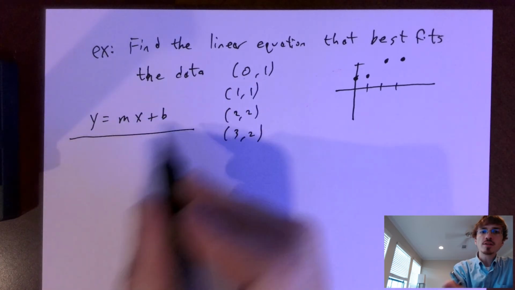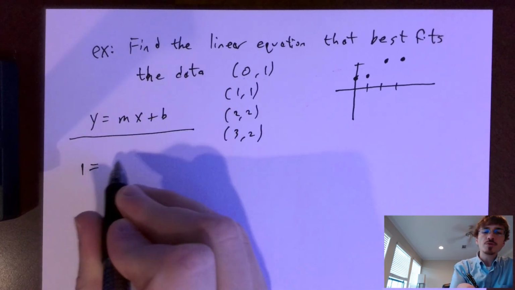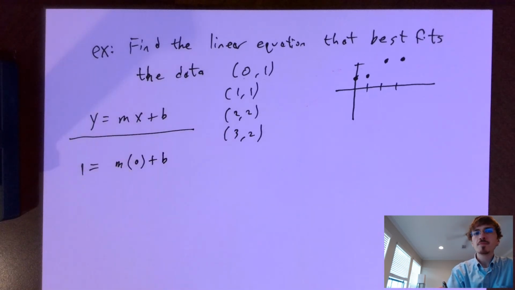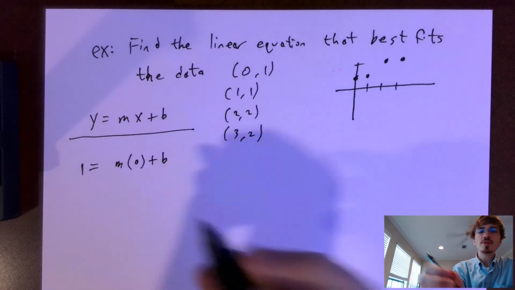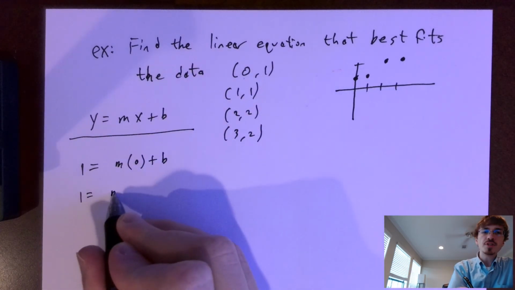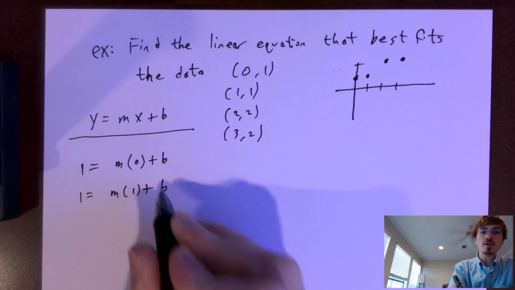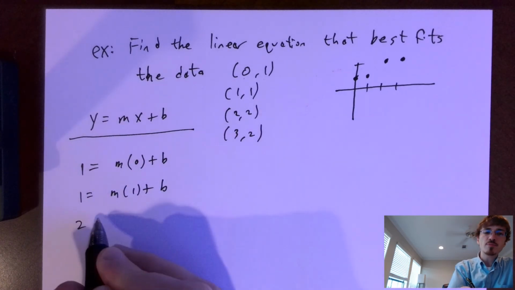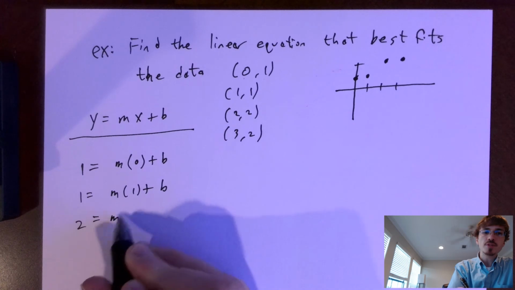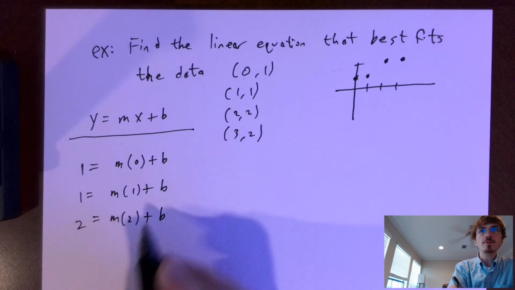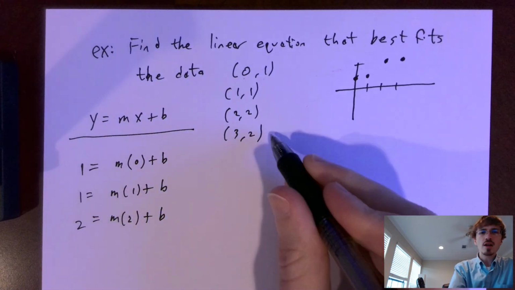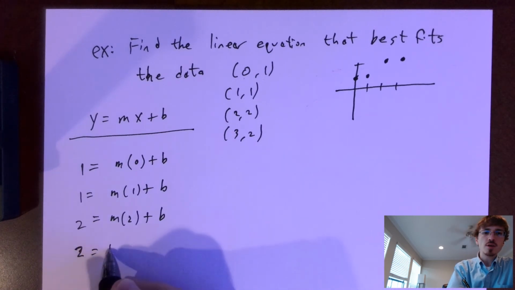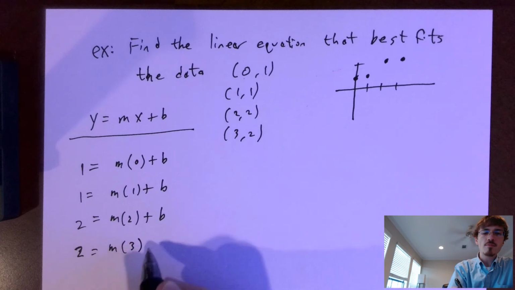Then we get 1 equals m times 0 plus b. Plugging in the next point, we get 1 equals m times 1 plus b. For the next point, we get 2 equals m times 2 plus b. And for the fourth pair, we have 2 equals m times 3 plus b.